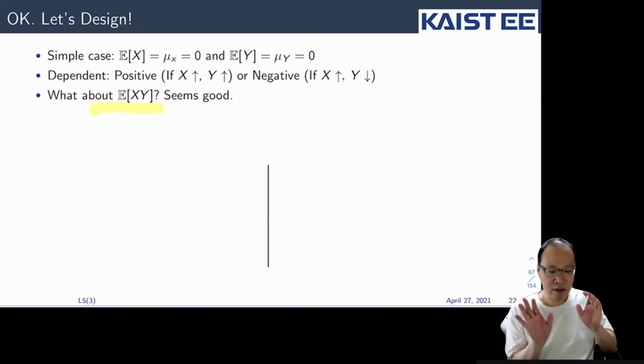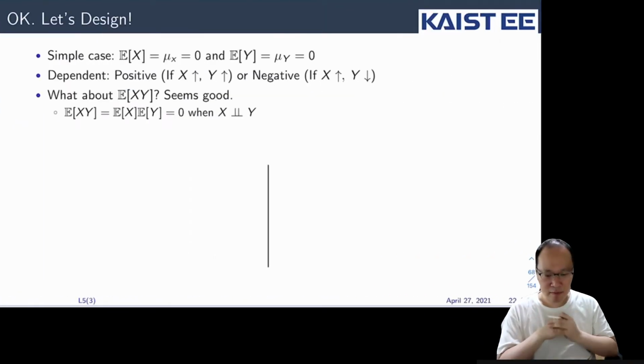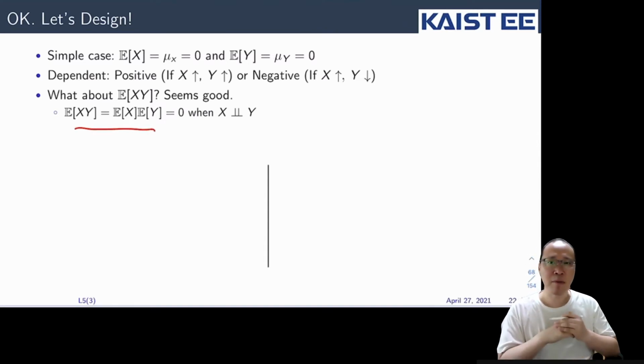Because again, whenever x goes up, then y also goes up, then the expectation of xy will be very large. But the other way around, then it will be very small. And also, when x and y are independent, we know that the expectation of xy is equal to the expectation of x multiplied by the expectation of y, which is equal to 0. So that also satisfies the first requirement.